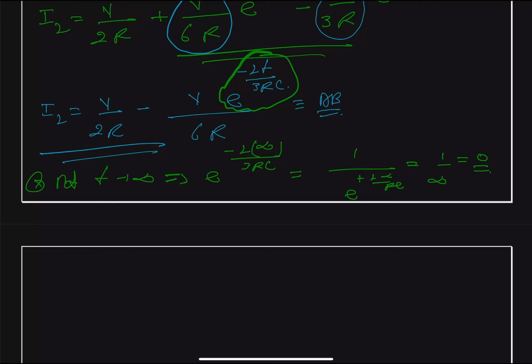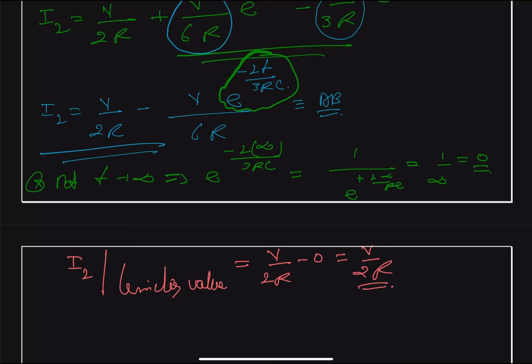Therefore, the limiting value of I2 will be V upon 2R minus 0, which comes as V upon 2R.